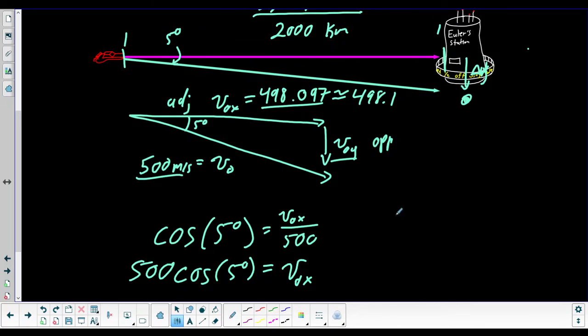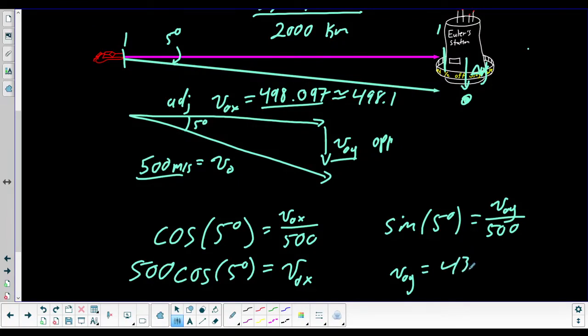So opposite and hypotenuse, that would be sine of 5 degrees equals v naught y over our hypotenuse, 500. So 500 times the sine of 5. This one's going to be much lower because we're barely off course. We're barely drifting in that direction. So when we solve for v naught y, we get 43.6 meters per second, rounding.